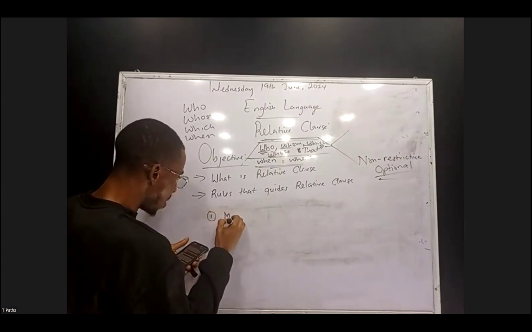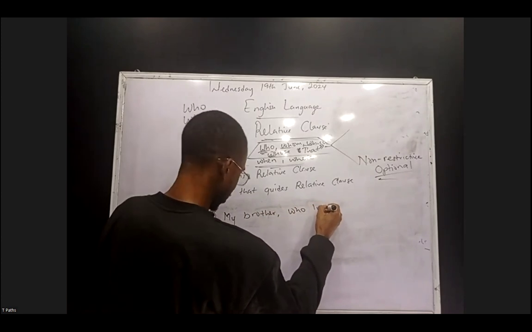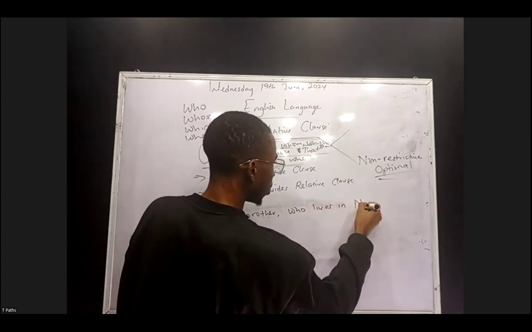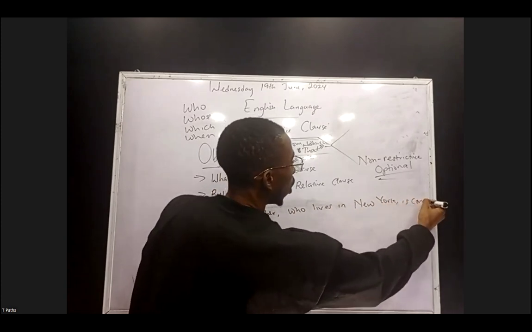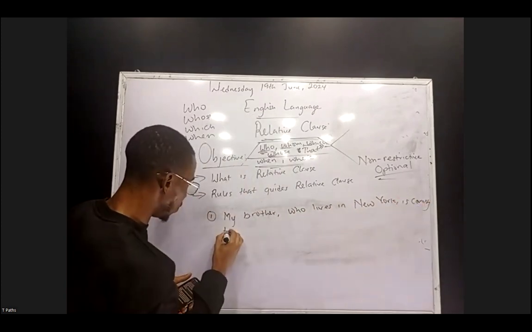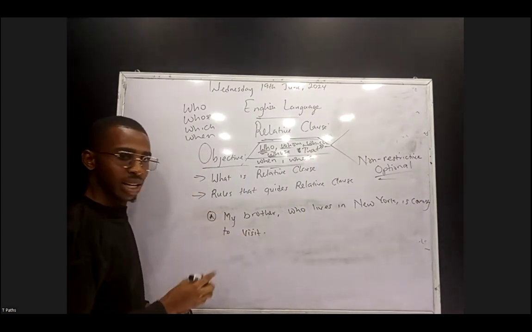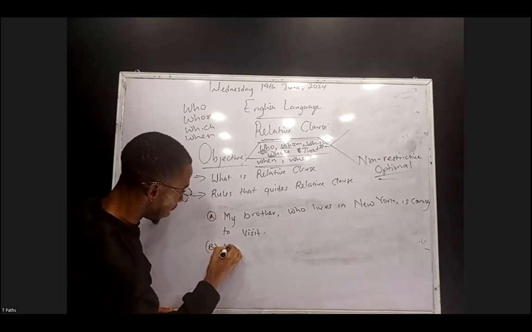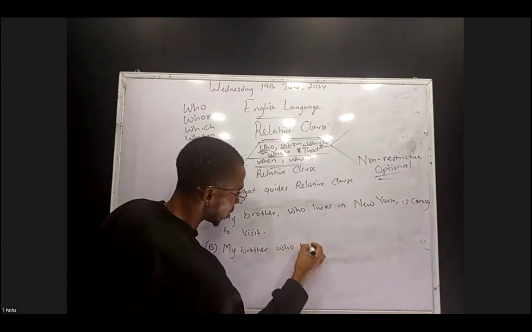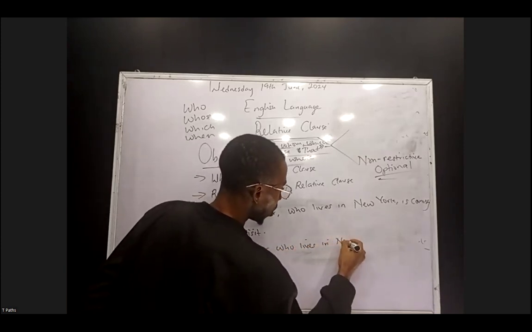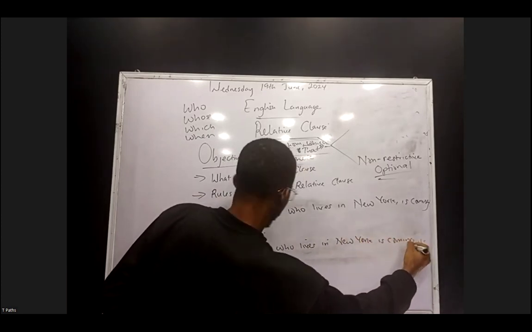Sentence A: My brother, comma, who lives in New York, is coming to visit. That is sentence A. Sentence B: My brother who lives in New York is coming to visit.